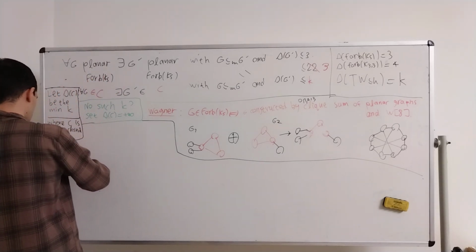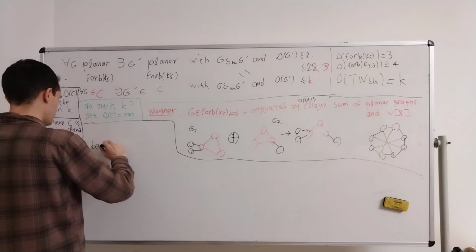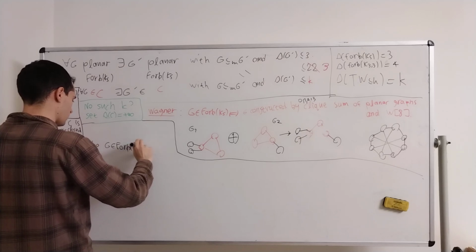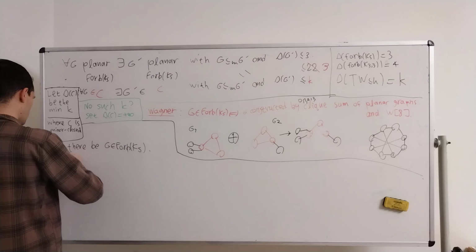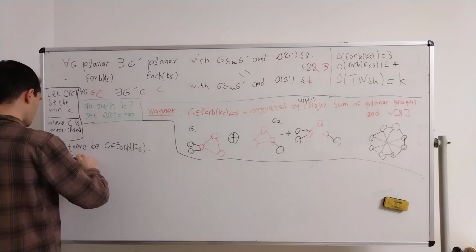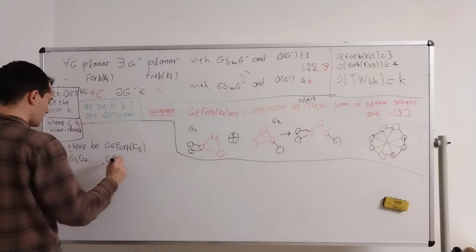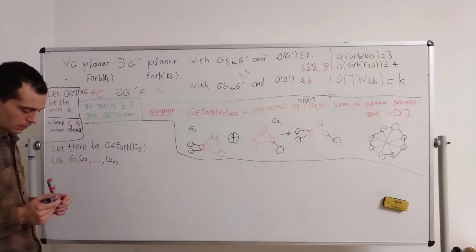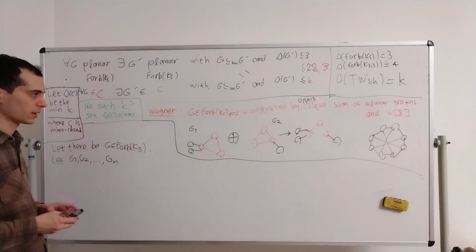So let there be G in form K5, and let G1, G2, and so on until Jn be the graphs used in Wagner's theorem to construct it by clique sums.